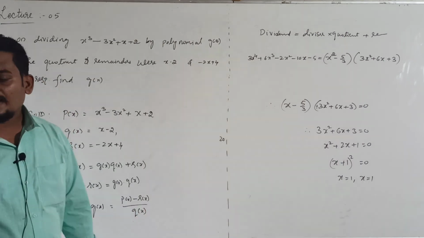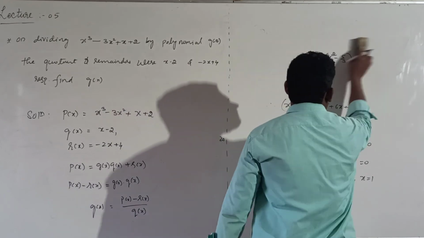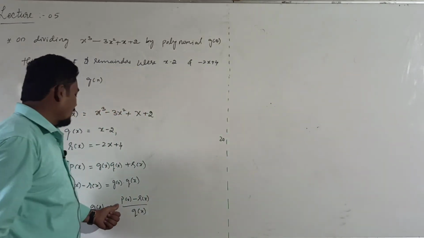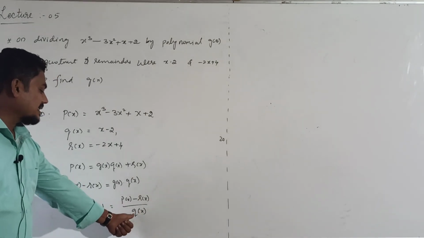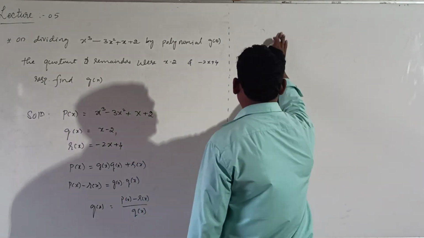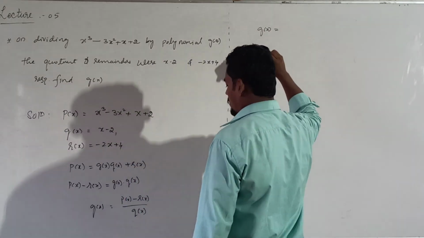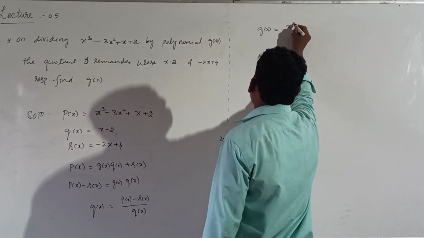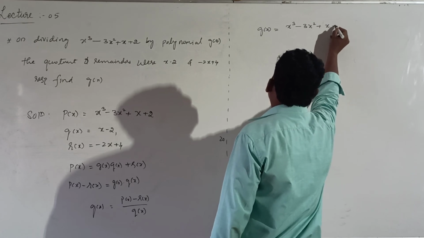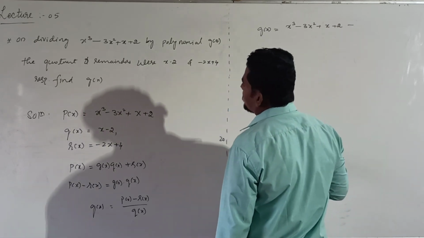Now replace all the values. Replace p of x, r of x and q of x, then you get g of x. What is p of x? That is x cube minus 3x square plus x plus 2, minus r of x.